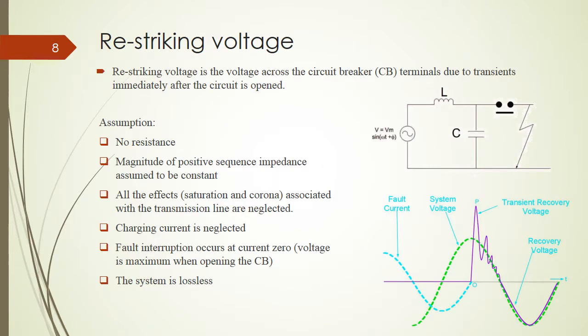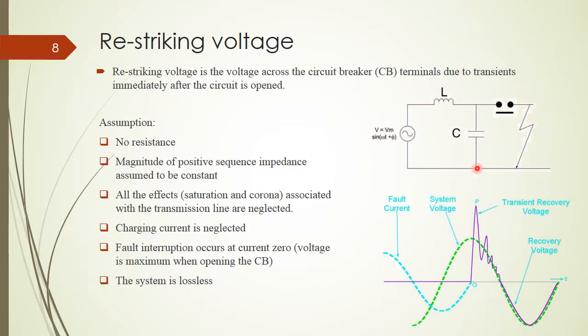So next we will discuss the restriking voltage phenomenon, which happens right after the fault and the circuit breaker opens to protect our circuitry. So let's imagine that we have a voltage fault happening here. When the fault happens, we have a short circuit and all the current will flow through this inductor.